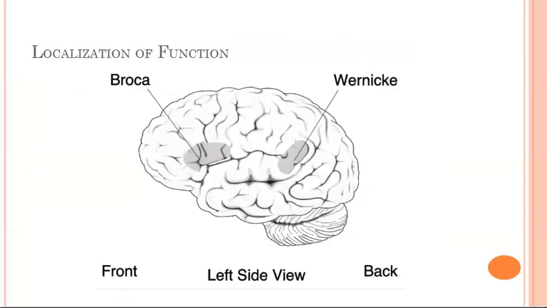So in another example from the 1800s, the French physician Paul Broca found that some patients who were unable to produce speech had brain damage to their left inferior frontal cortex. One of Broca's patients, nicknamed Tan, could only produce the single syllable "tan" repeatedly.